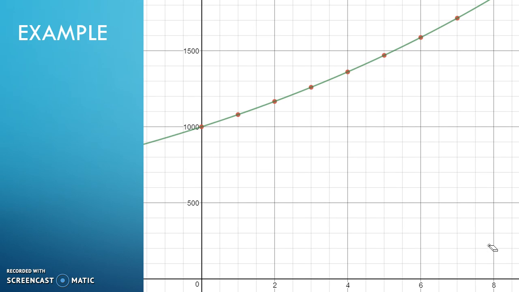Let me erase that, I mixed up the labels for a moment. So if we graph that function, you can see it connects all the dots up.